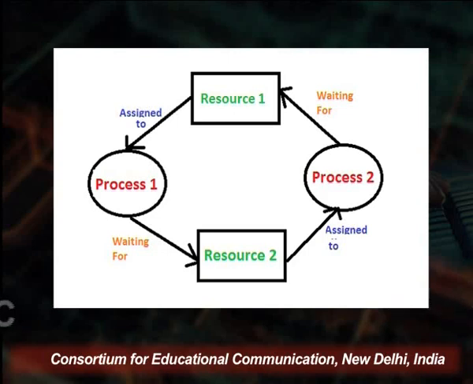Resource 1 is assigned to process 1. Now process 1 is not able to proceed further because it is waiting for resource 2, and resource 2 is already assigned to process 2. Why is process 2 not releasing resource 2? Because it is waiting for resource 1 in order to proceed further.